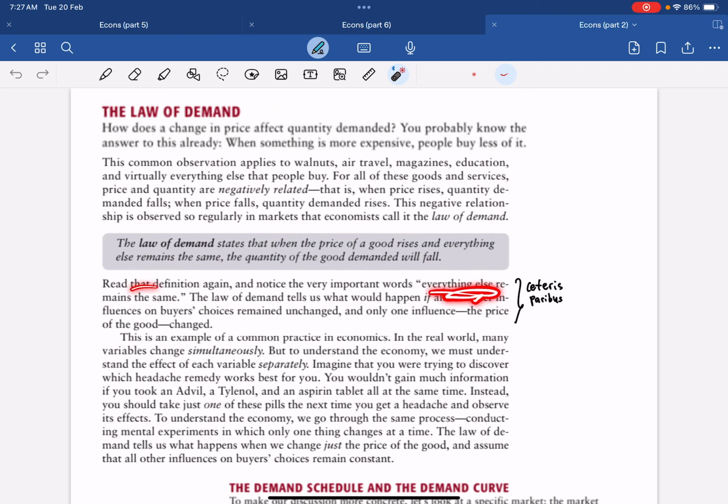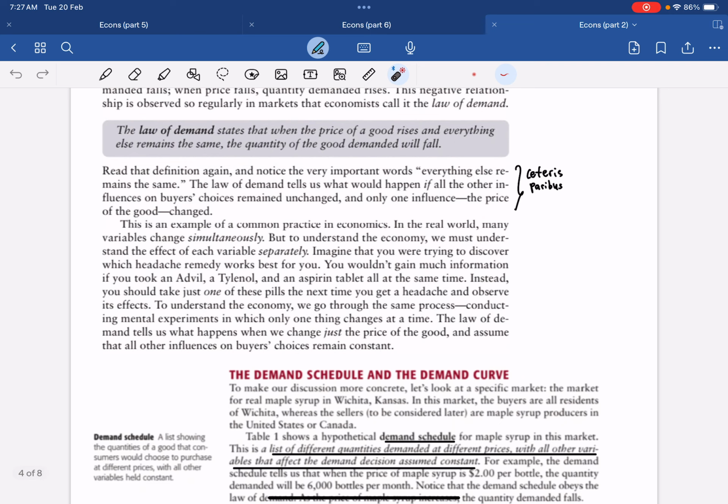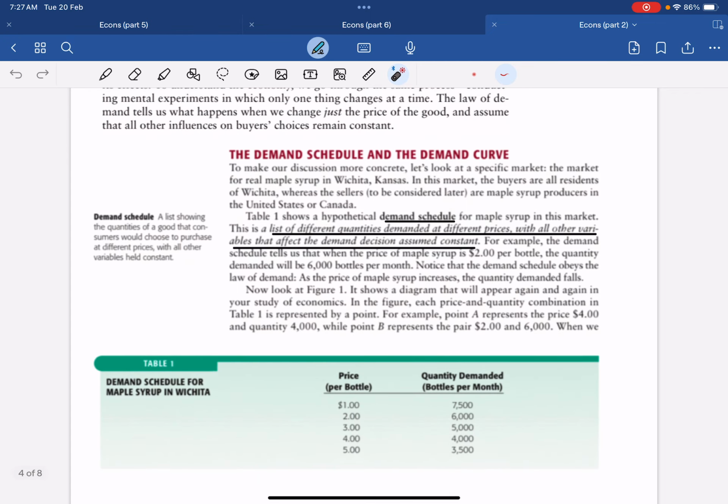And this everything else remains the same means that any other factor, like your non-price determinants that affect demand, does not change, also known as ceteris paribus. However, in the real world, many things occur simultaneously, and so you just need to make an assumption or tweak your model.